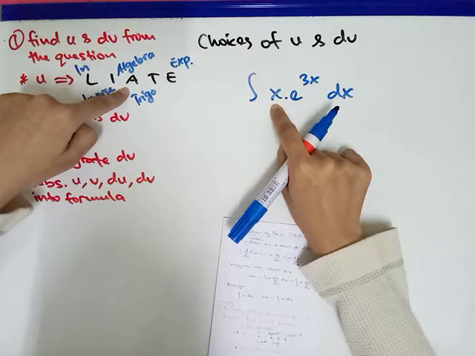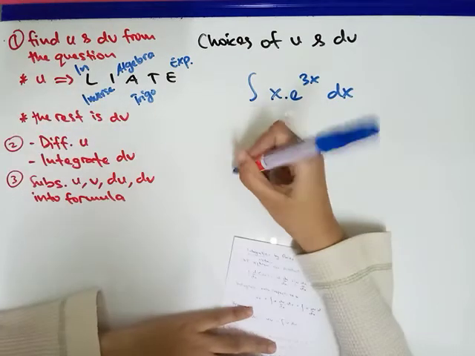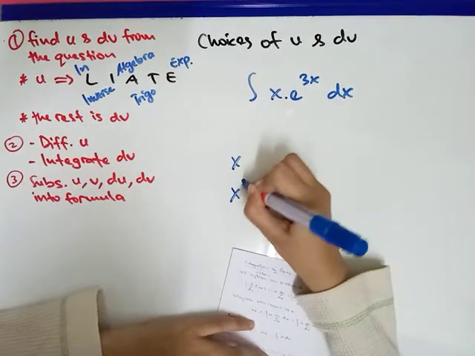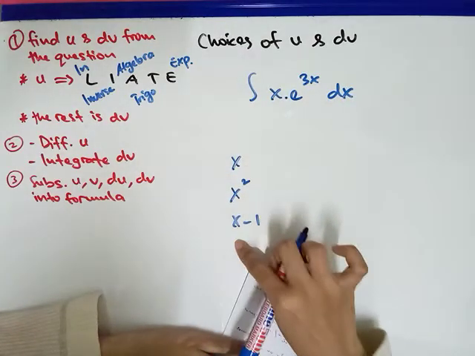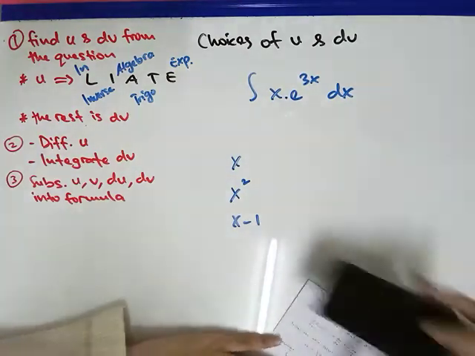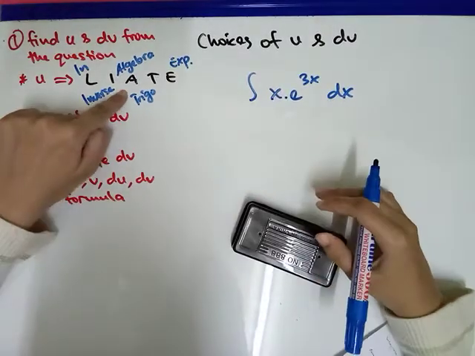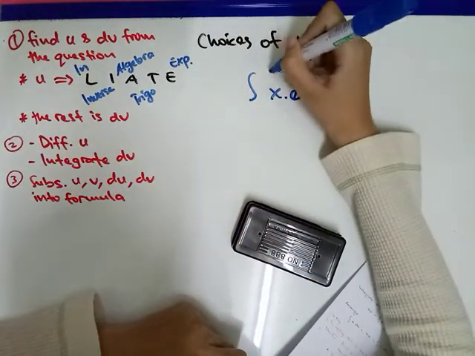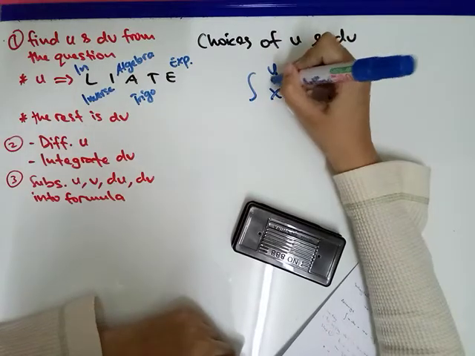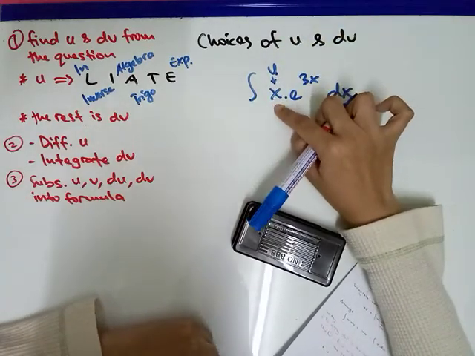Yes, it is x. x is algebra, like x square, x minus 1. So bila algebra yang kita jumpa dulu, we need to let x as U.